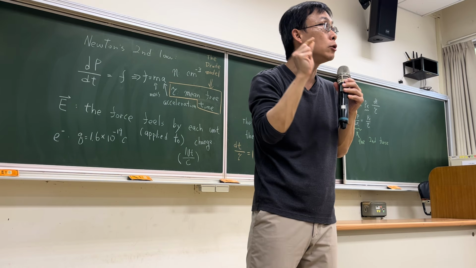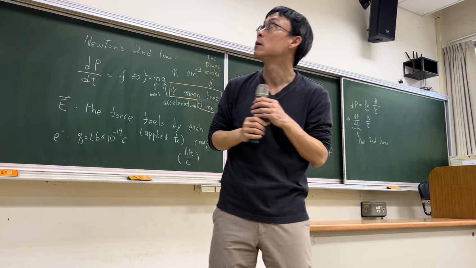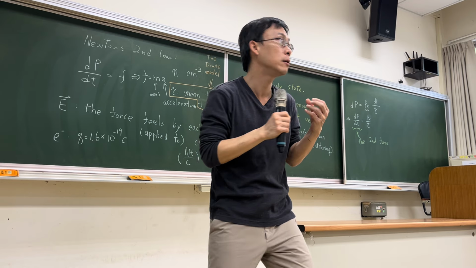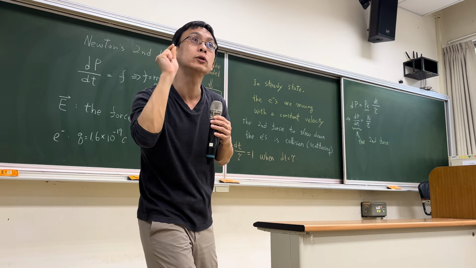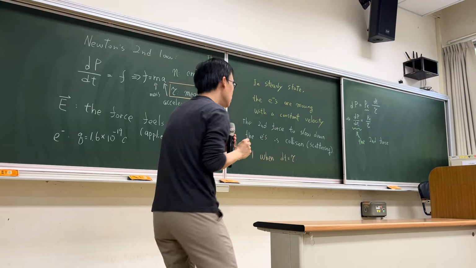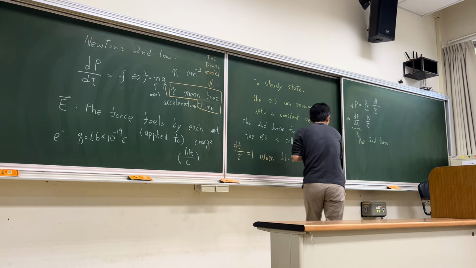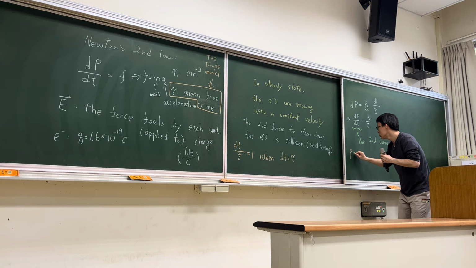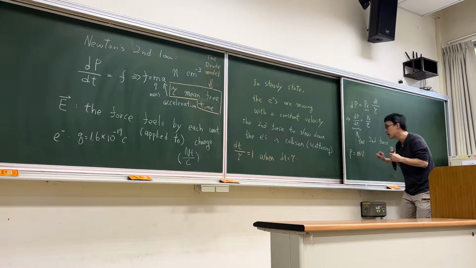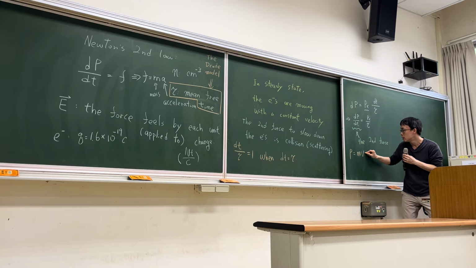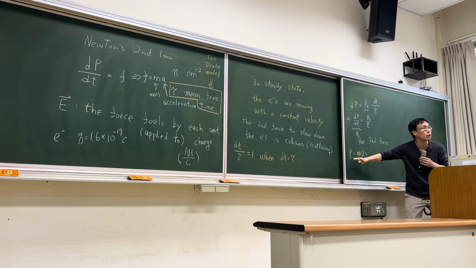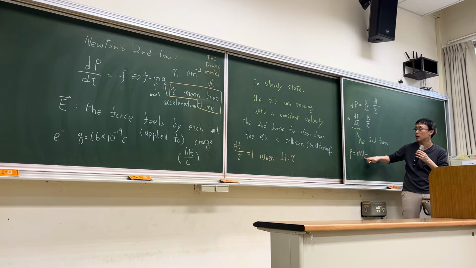of each electron. And then you know, according to Newton's second law, momentum equals mv, right? It's high school physics: momentum equals mass multiplied by velocity.